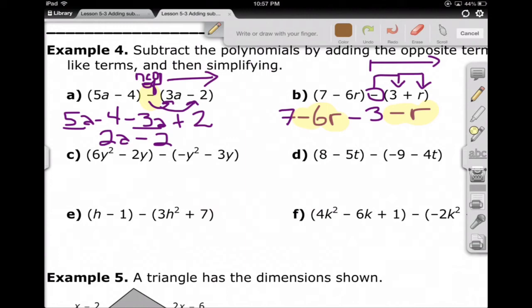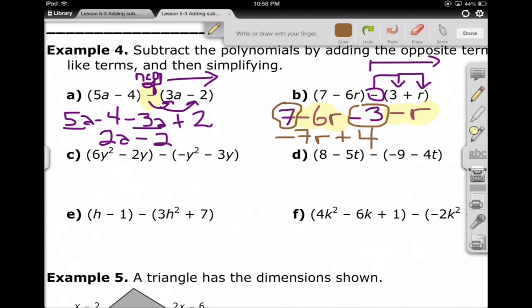We have negative 7 r's and 7 decreased by 3 is positive 4. So I write in exactly what it is. As far as r's go, it's minus 7 of them. And as far as constants go, we have 4 of them. In this case, it's positive 4, so we write plus 4.